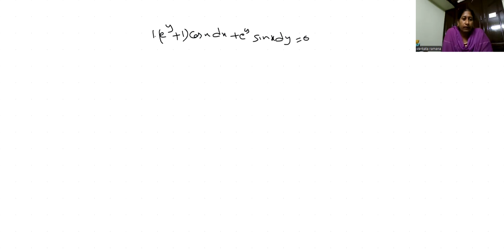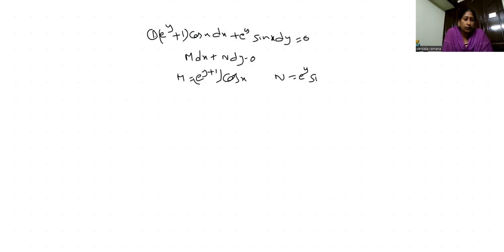When we compare with M dx plus N dy, here M is (e^y + 1) cos x, and N is e^y sin x.